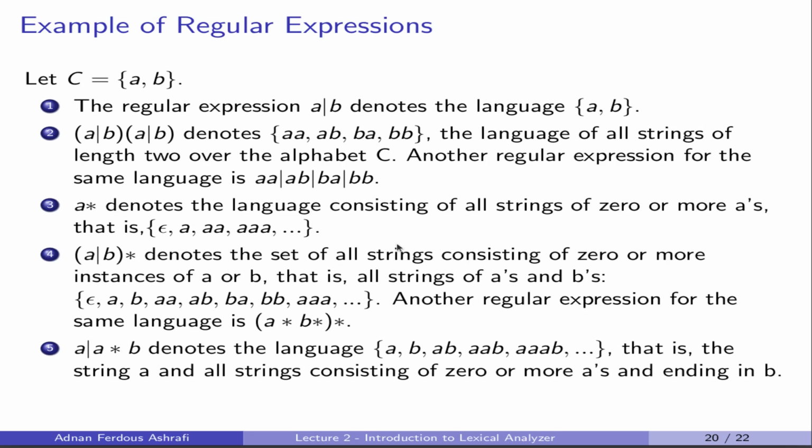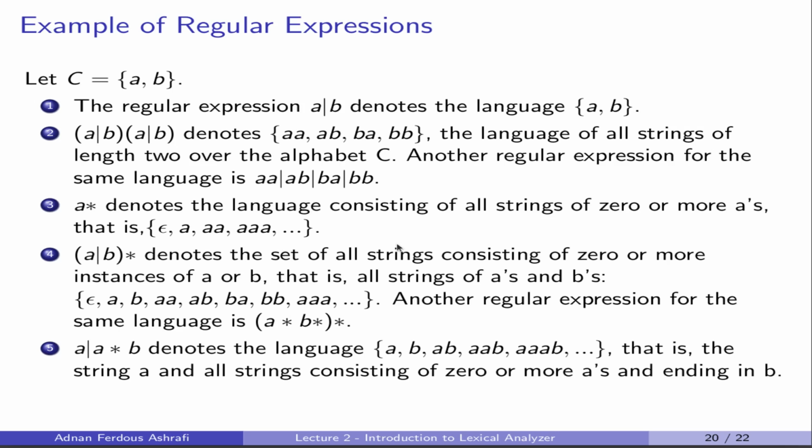So A or B can repeat 0 or infinite times throughout the language. Another regular expression for the same language is (A star B star) whole star, right? So there can be 0 or infinite A's, 0 or infinite B's, and the whole string can repeat itself any time it wants.